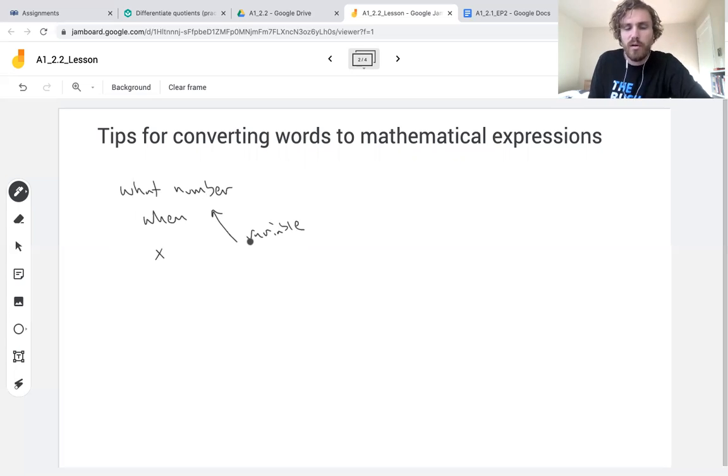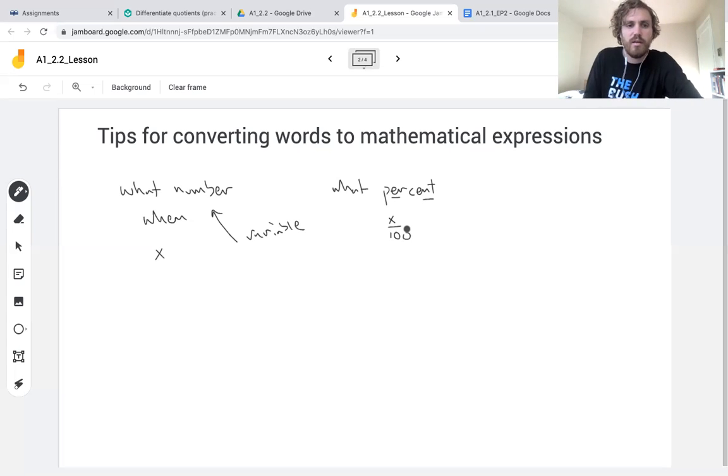So what number is often x. Another thing we have quite frequently, especially with proportions, is what percent. That's very similar, except remember that percent means per 100. So that would be x over 100.